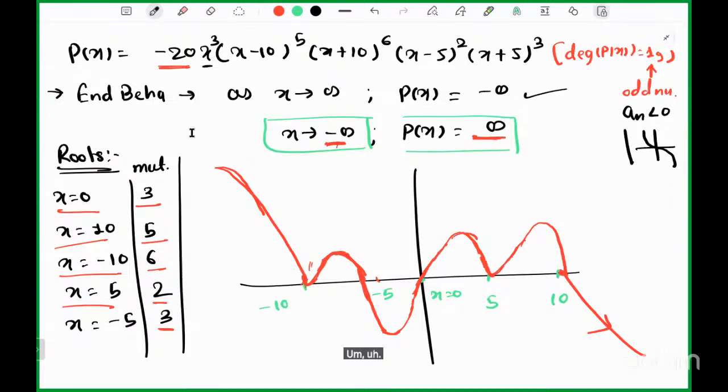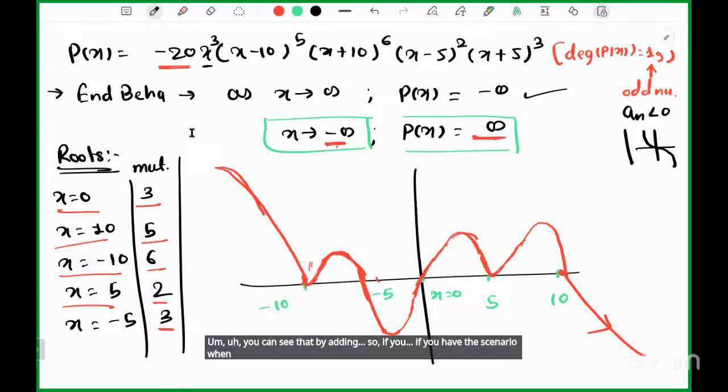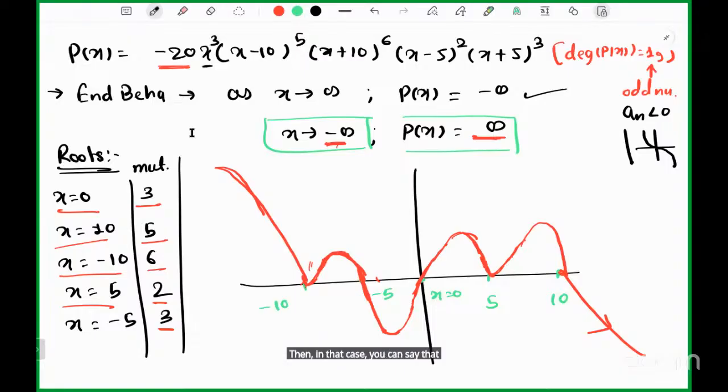You can say that if you have the scenario where the sum of multiplicities is less than the degree, then in that case you can say that okay, we might have some complex roots. But so far there is no use for us. That's why it's important. Okay.